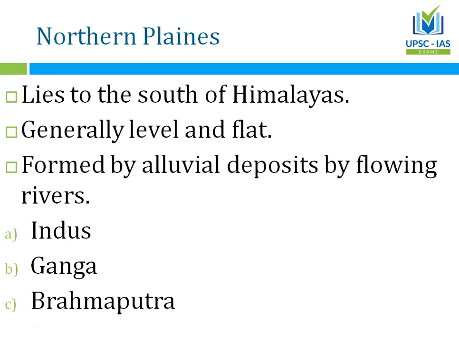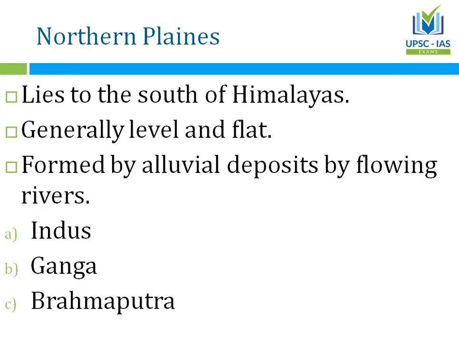So naturally, agriculture is going to be the most important economic activity in which people of this area would be engaged. The other thing is that as this area is flat, with no hills or things like that, it would be easy to settle down here as well. So the population of this part of India, generally speaking, would be quite high.